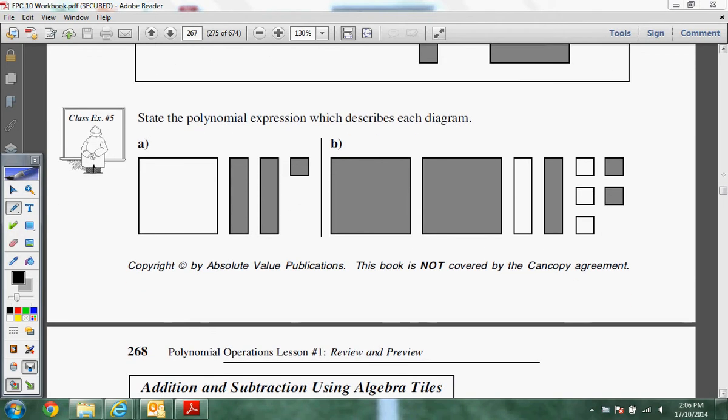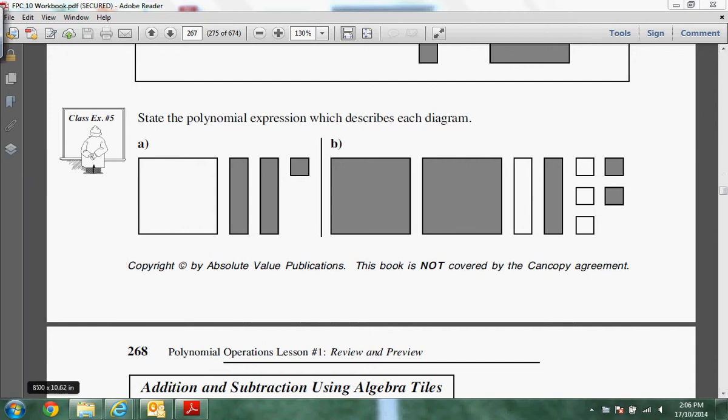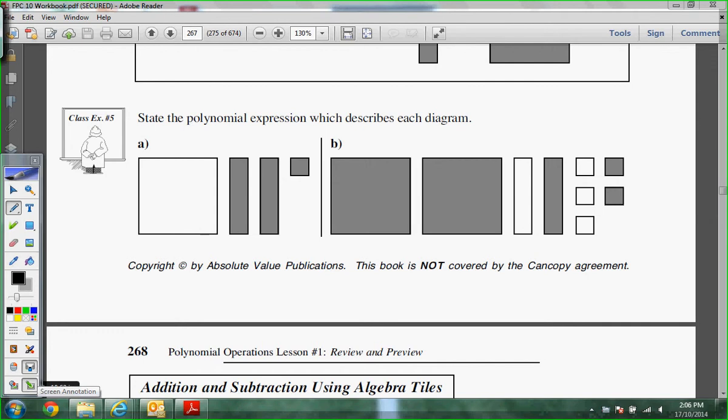It says state the polynomial expression which describes each diagram. So this would be negative x squared plus 2x plus 1, because I have a square that's white, which is negative, my two lines of x's, a positive and a positive unit.